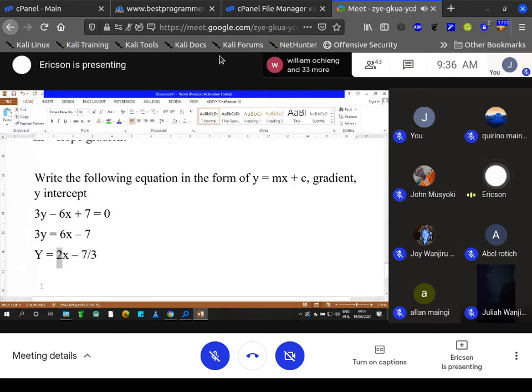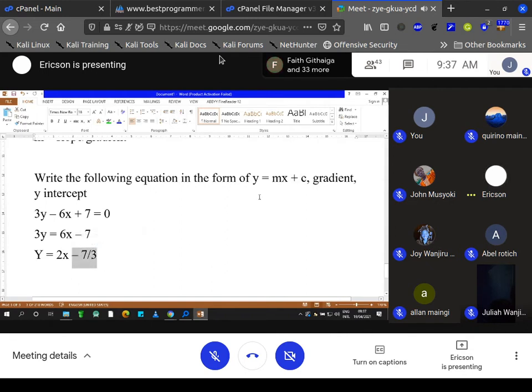So the gradient is m, and c represents the y-intercept. When you have this equation, pick the c, and let the y-intercept be the whole of that. The plus c just represents this.